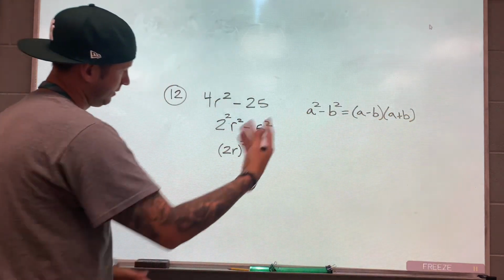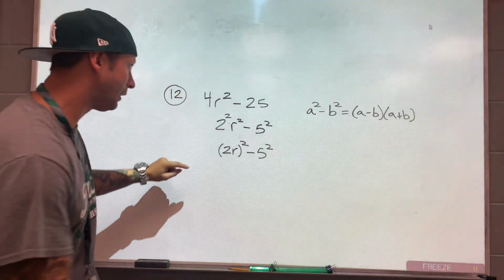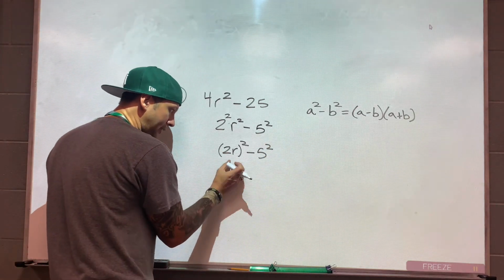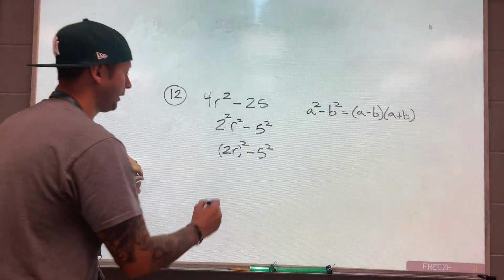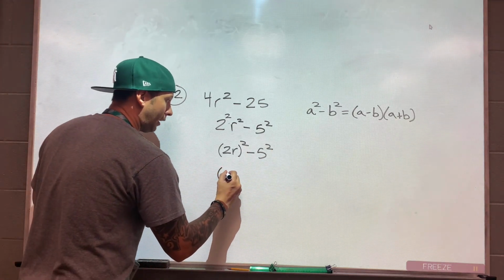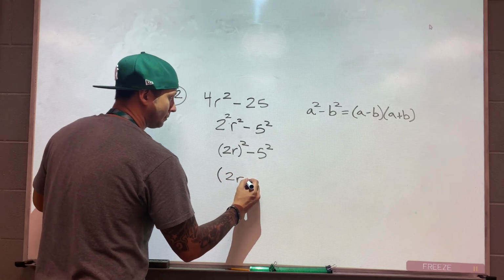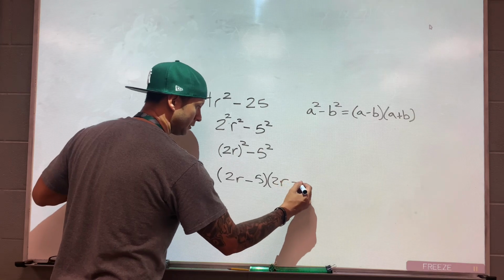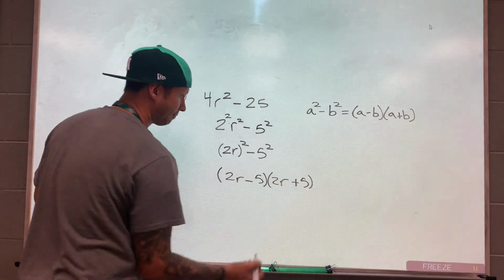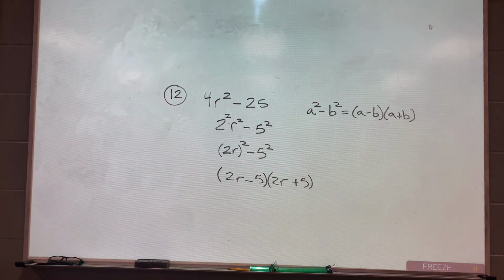This is the property that I'm applying. This is my a squared minus 5 squared. I can do that. So 2r minus 5, 2r plus 5, applying the difference of squares. That's it. Number 12, that's it.